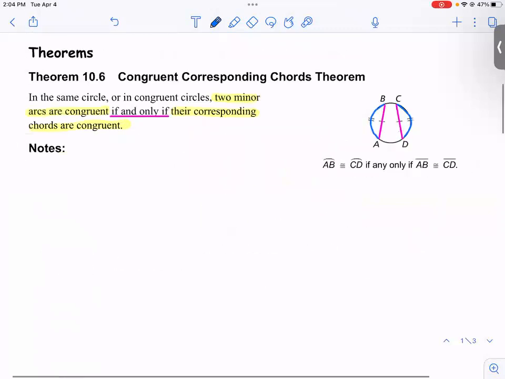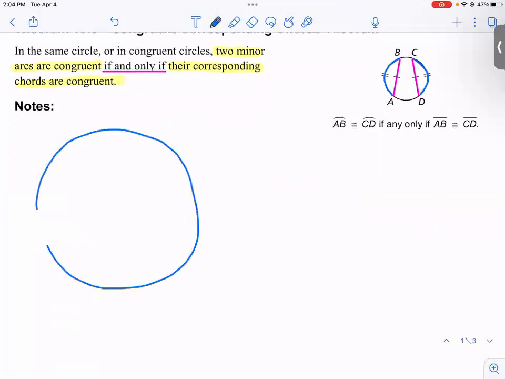Okay. So I'm going to draw a picture here of a circle.